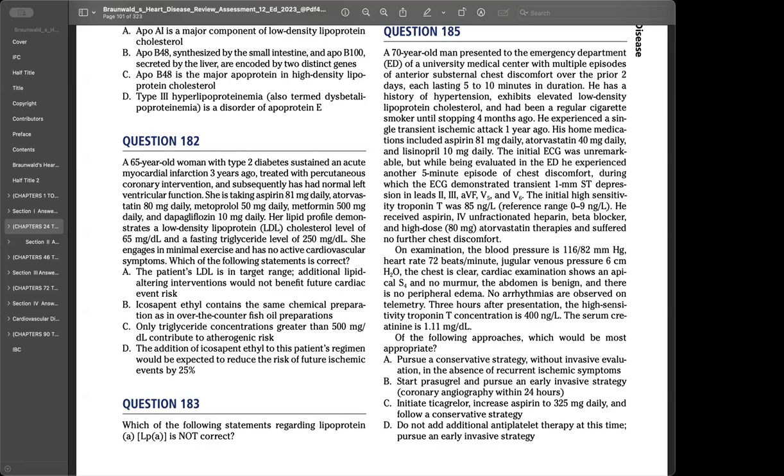So that's why it's necessary, from the 85 to 400. I'm trying to remember the exact cutoff value, but right now it's not coming.